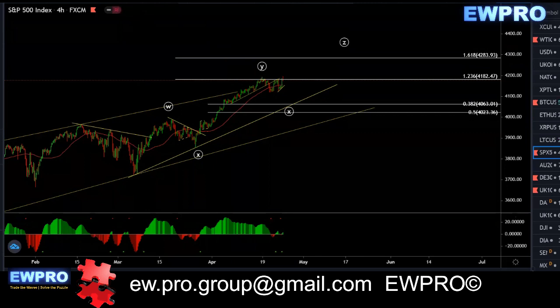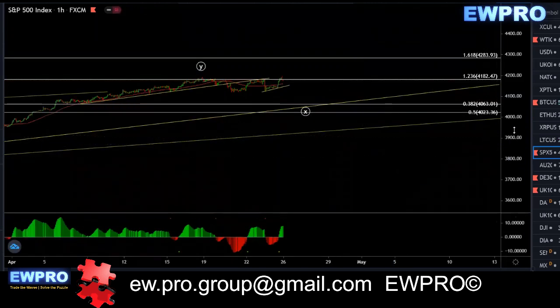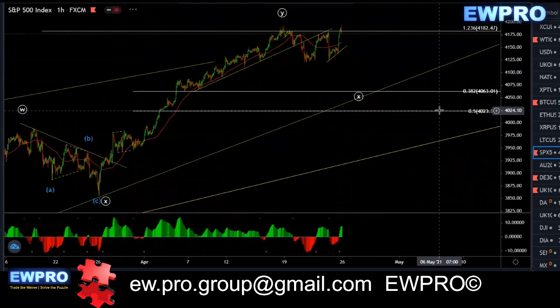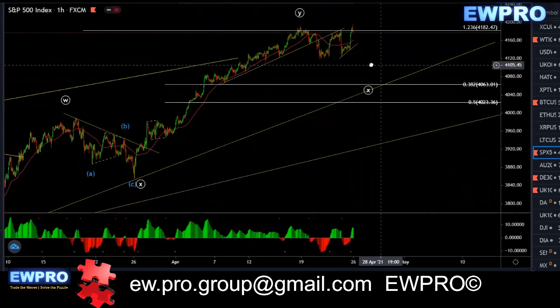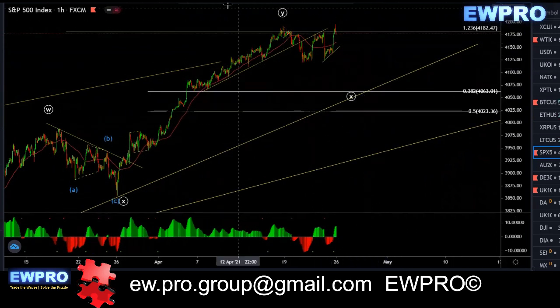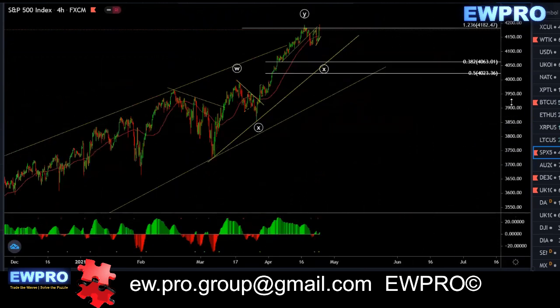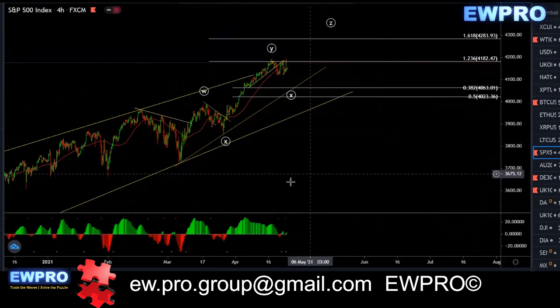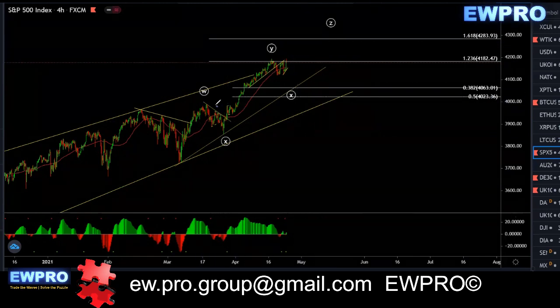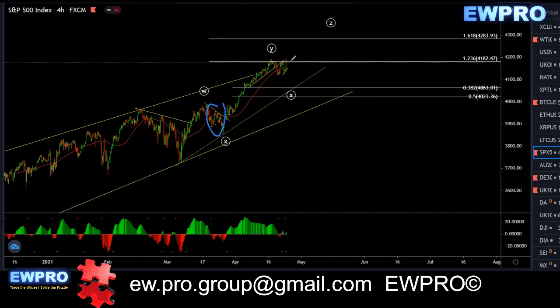If we have a look on the H1, this doesn't look like a big enough correction. Looking for a correction of similar size to this in here.